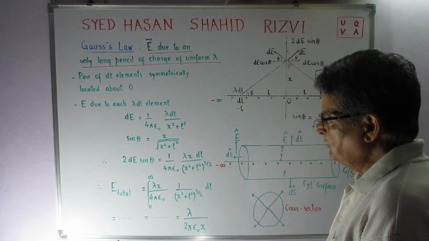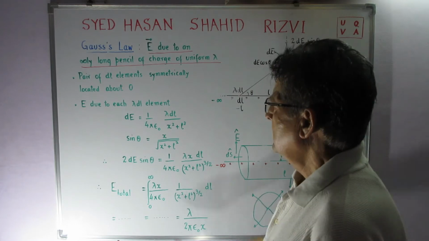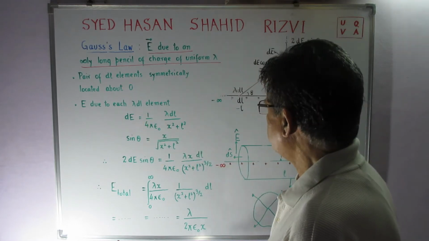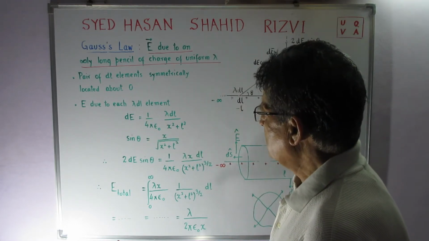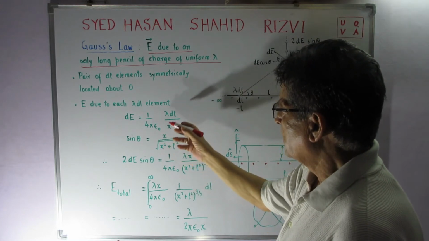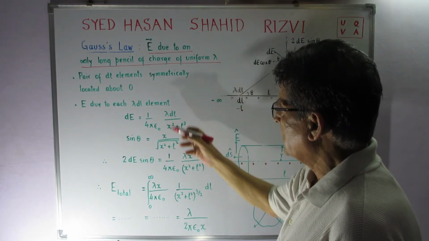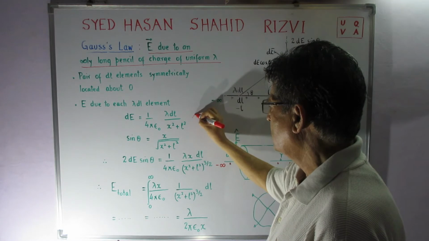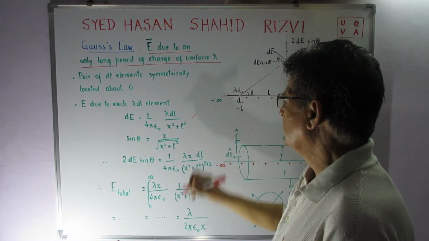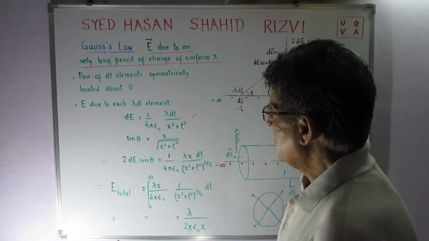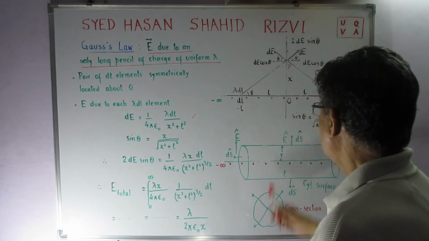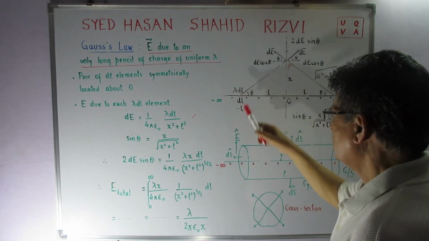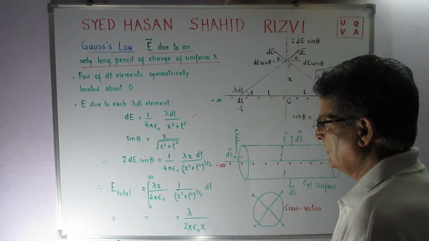Now the electric field due to the lambda dl element that we have, the magnitude will be equal to 1 upon 4 pi epsilon naught, the charge lambda dl upon x square plus L square. And sin theta will be equal to perpendicular upon the hypotenuse, and that is x upon the square root of x square plus L square.